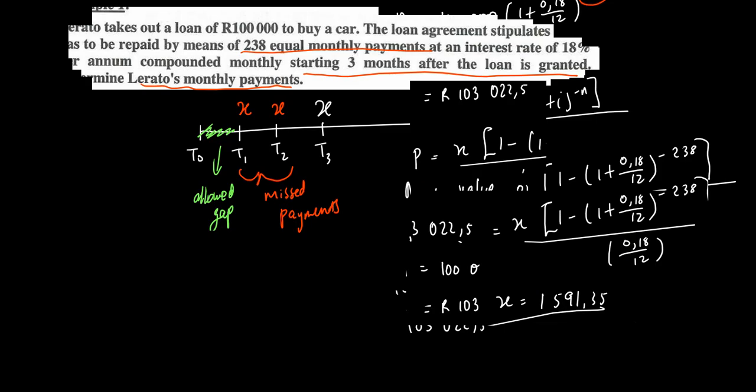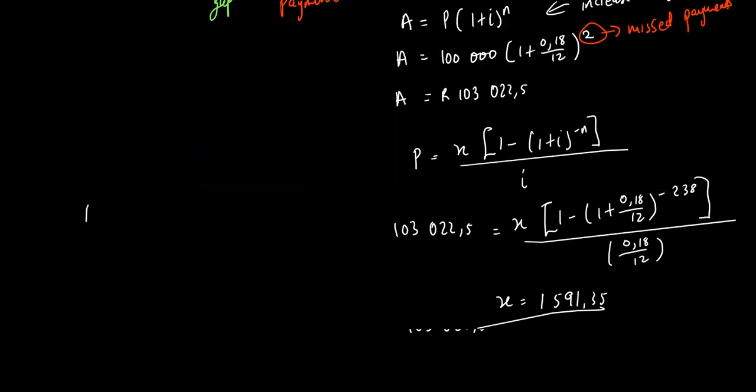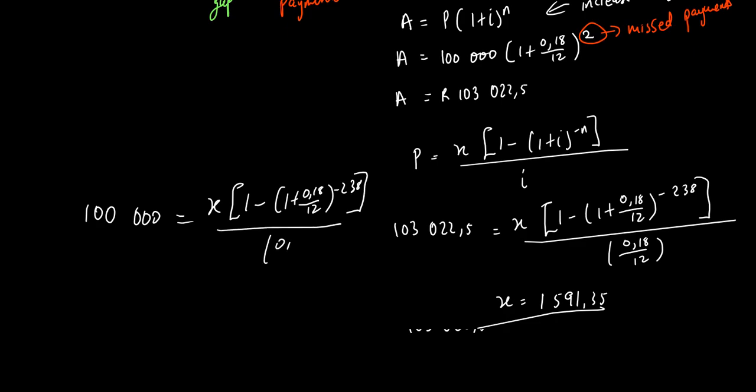If you use 100,000 instead of the increased one, and say 1 minus (1 plus 0.18 over 12) to the power of negative 238, and then divide by 0.18 over 12, and you calculate using 100,000, the x you are going to get here will be smaller than the x that is here.